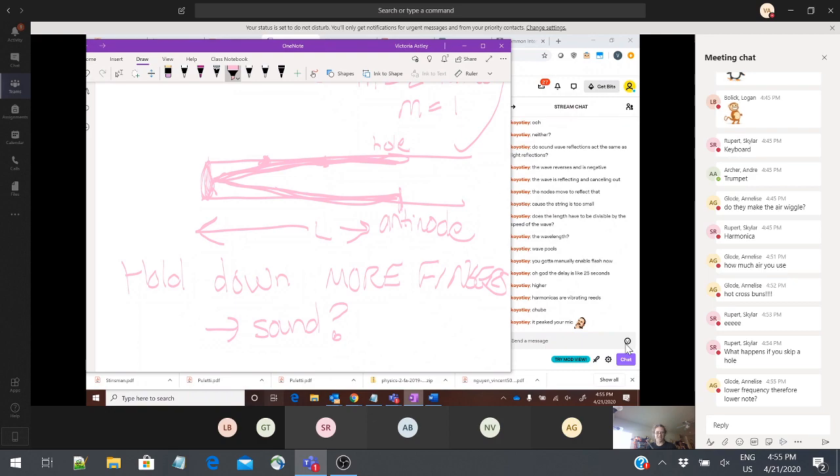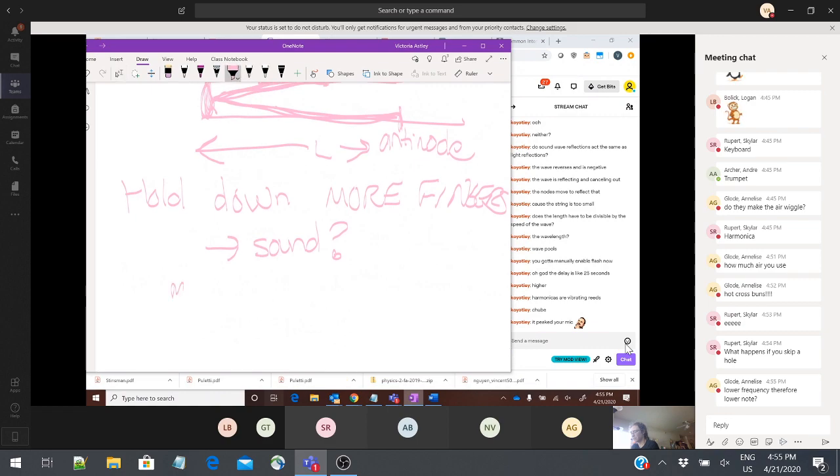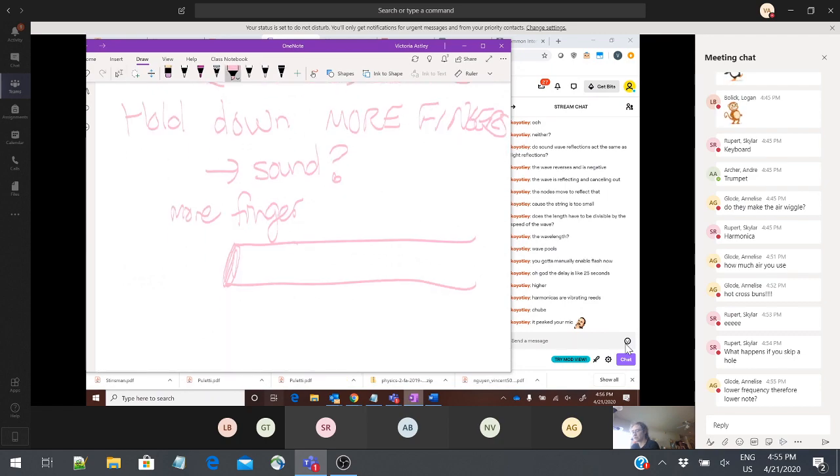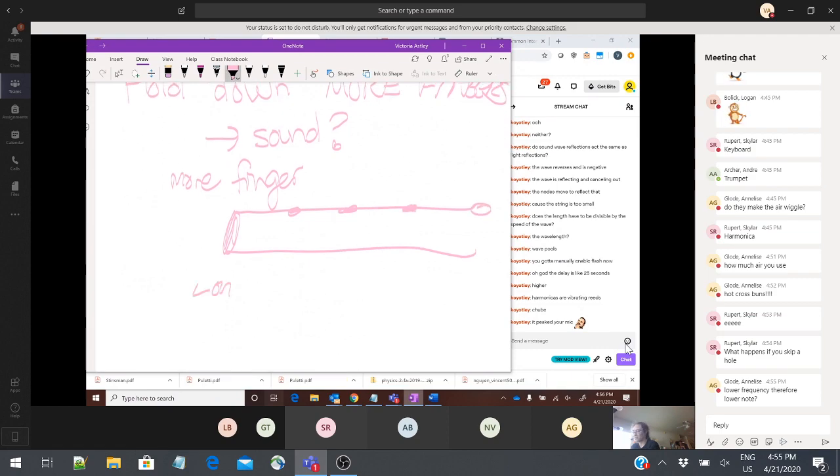Okay, so Annie has a thought, lower frequency there for a lower note. Okay, so more fingers generally means a longer tube, right? Because now these holes are all blocked. Now there's a hole right here. Longer L, same v because it's still the speed of sound.